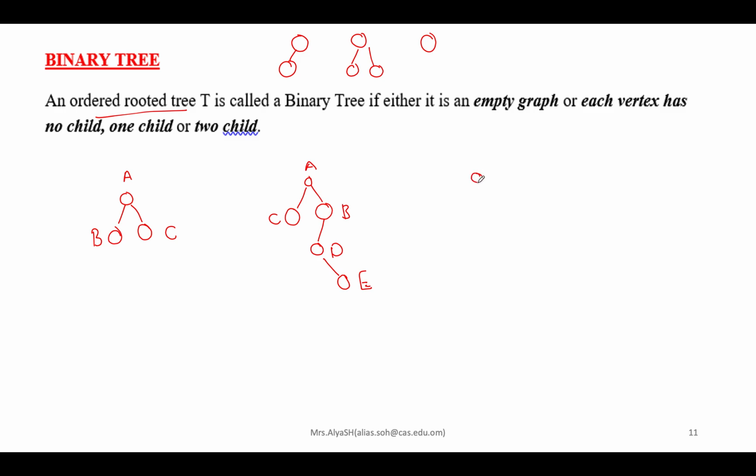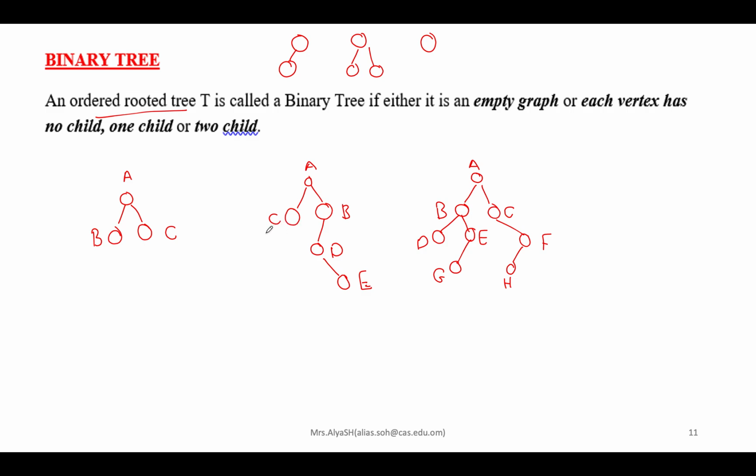And one more example: if we got here A, then B and C, then we have here F, H, and here we've got 2, E and D, and here we've got G. So a binary tree is an ordered rooted tree where the parent can have either 2, 1, or no children at all.